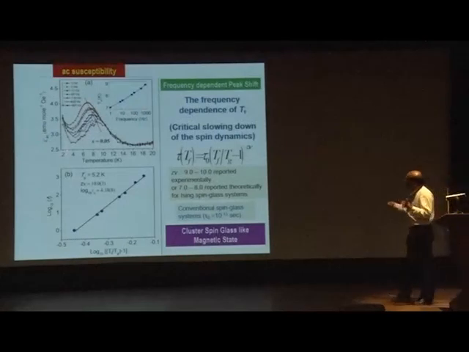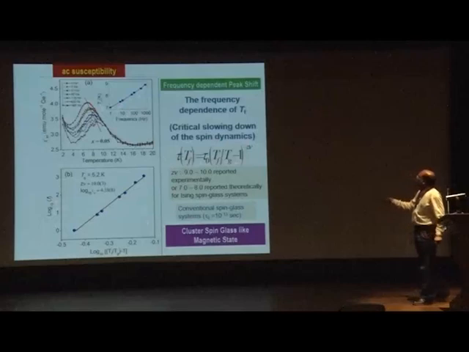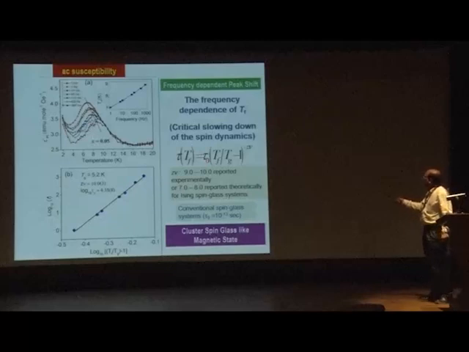Now that was the DC susceptibility, and here is the AC susceptibility as a function of frequency. We do see that the peak shifts. And how does it shift? The peak temperature as a function of frequency follows this relation. This is the critical slowing down of the spin dynamics, which is reflected here, with the spin relaxation time, the spin freezing temperature, and the exponent.